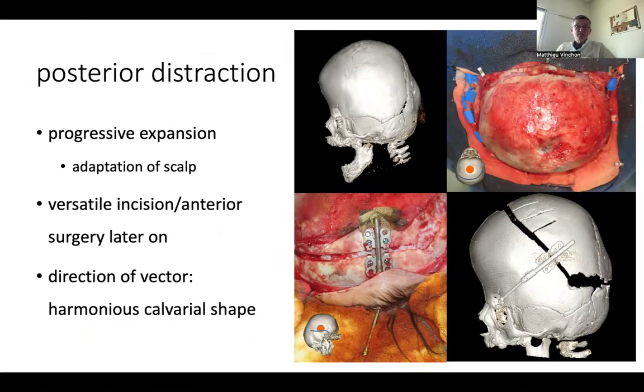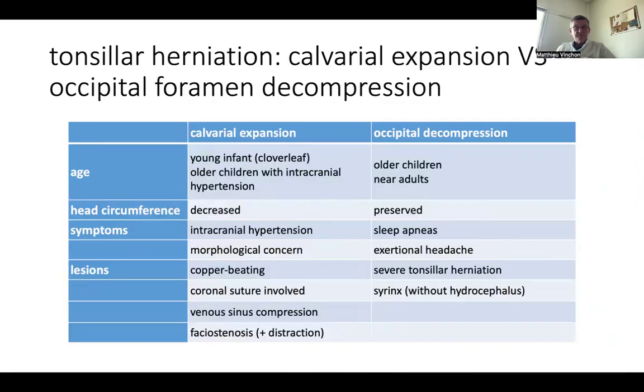And as I said before, we have to do a versatile incision, so it can be used for either posterior or anterior approaches, because we have to anticipate further surgeries. In this case, we did a linear craniotomy with some barrel staves, and we put this structure which allowed a posterior expansion.